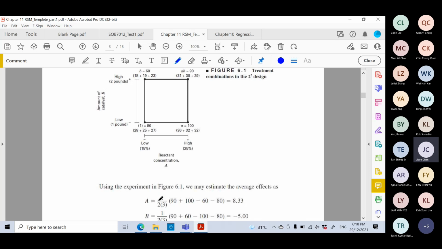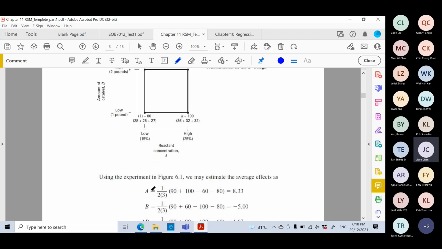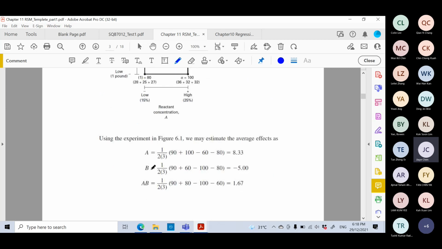The effect is 1 divided by n times 2 power k minus 1, times the contrast. So you calculate the effects using the contrast: the effect for factor A is calculated here, and likewise the effect for B and the effect for AB.